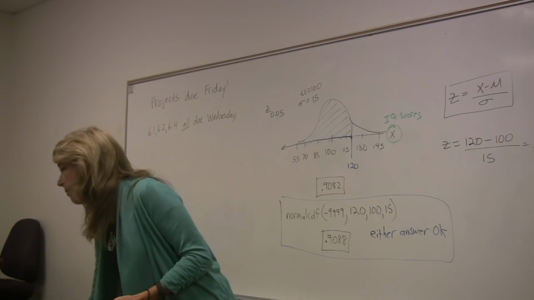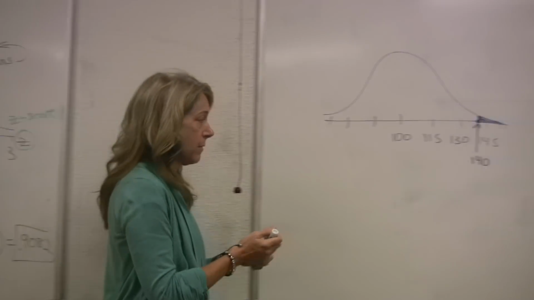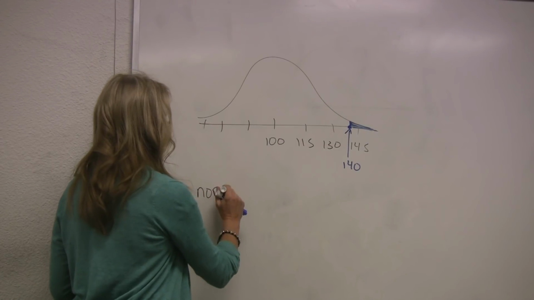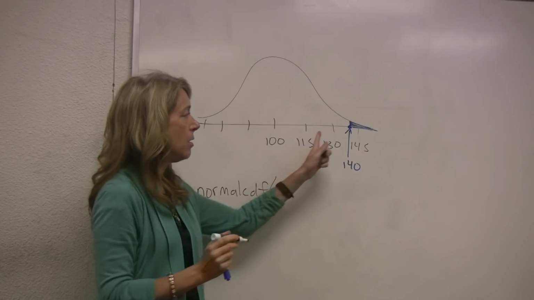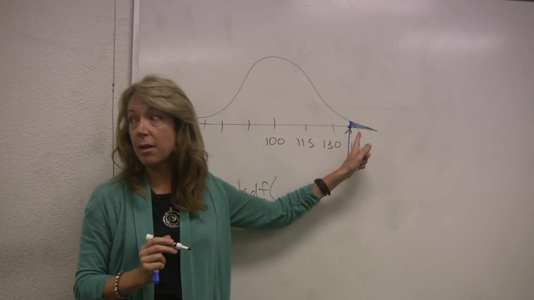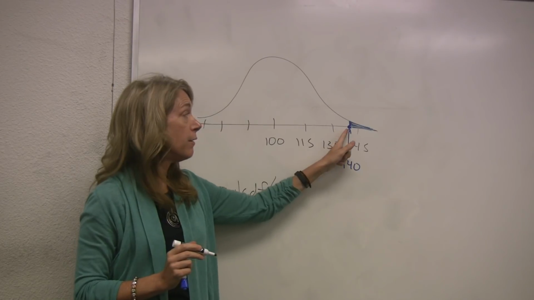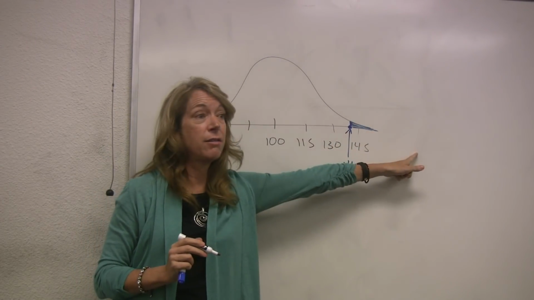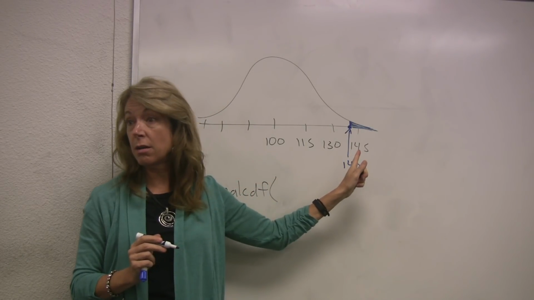How am I going to find probability in this case? Normal CDF. What's the number on the left and the number on the right? Be careful. This region right here only. This is the left, and way out there is the right. 140 is on the left. Do we agree?